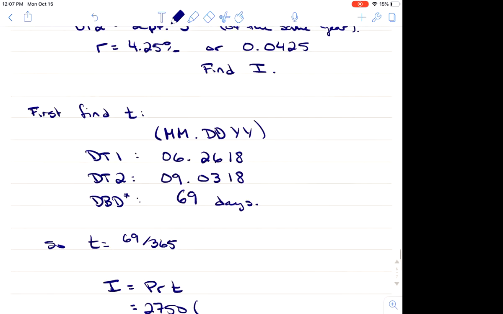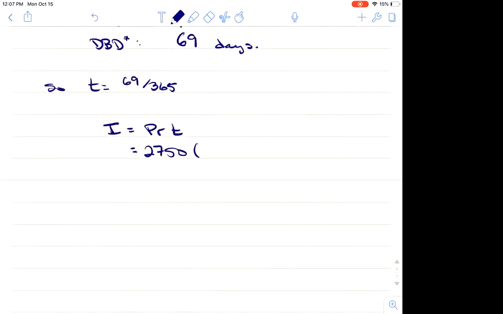The rate that she's getting is 0.0425. And the time that she's investing it is 69 divided by 365. I'll just write it out so you have it, 2750. If you skip this step and go next to the next one I'm about to do, then that's fine.